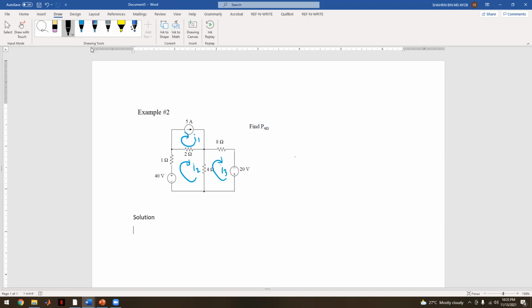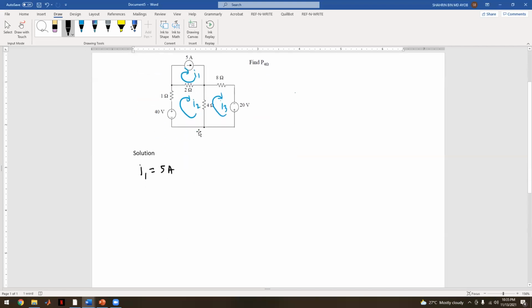So as you can see here, you have a current source at mesh current I1, so no need to derive the KVL for mesh current I1. So directly I1 is equal to 5 amperes. Okay, and then we move to the second mesh current.